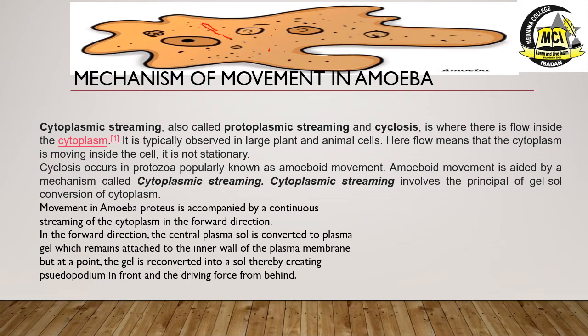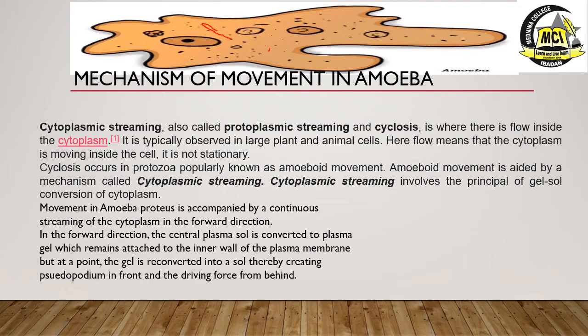And what type of flow is it? Now listen, it is typically observed in large plant and animal cells. Flow means that the cytoplasm is moving inside a cell. It is not stationary. It means the cytoplasm is moving upward, let's say forward and backward.